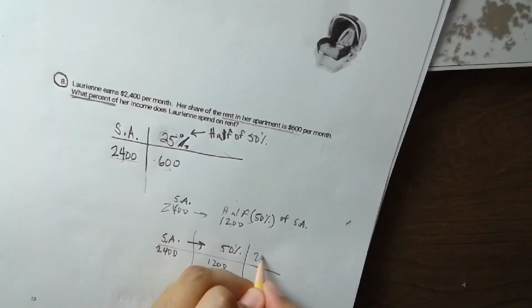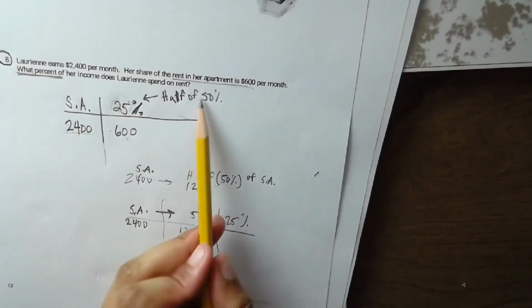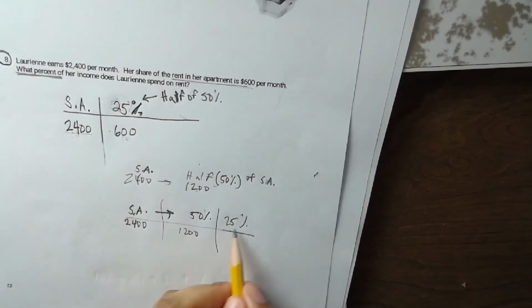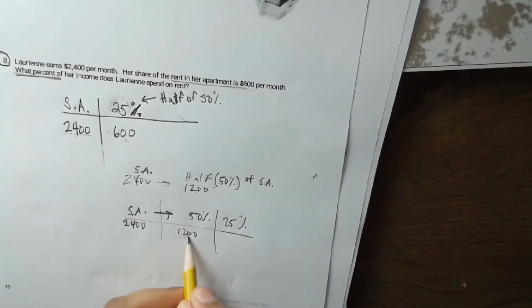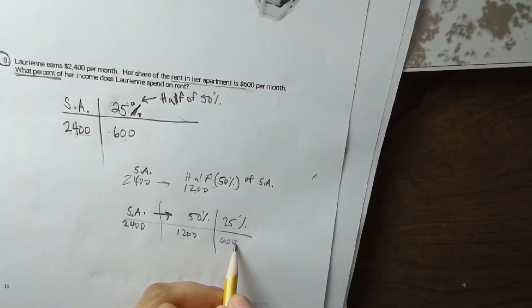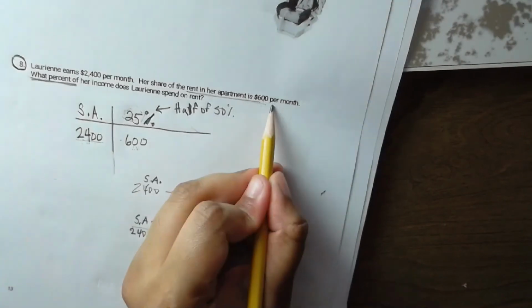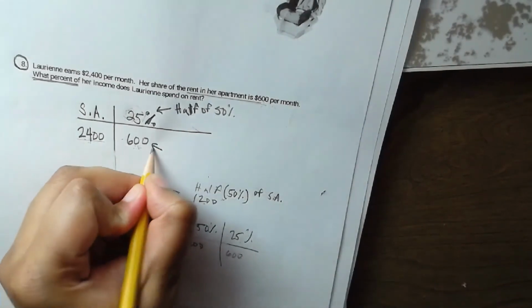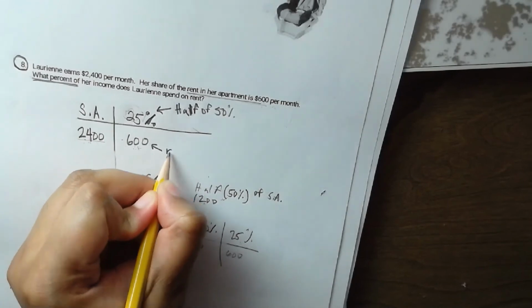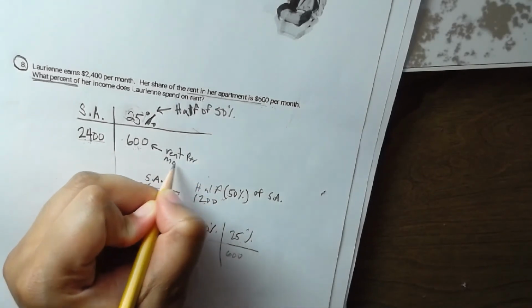Then 25% would be half of 50%. So half of this amount is, look at that, 600. And 600 is what we were going for. They tell us that this 600 is her rent per month.